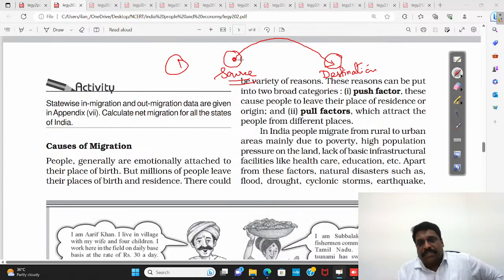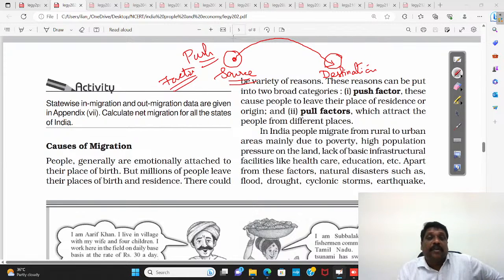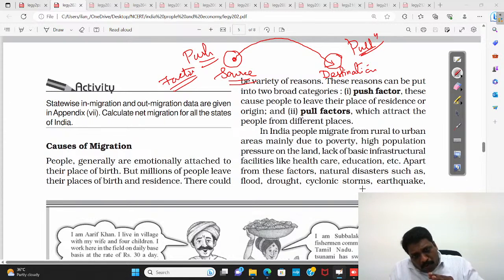Okay, source and destination. And number two, most of the time, my dear friends, in the source area what you will be experiencing is a push factor. Not necessarily, but most of the time the source area will have a push factor, and the destination area will have a pull factor. What is this push and pull? There are n number of factors operating which make you move away from a place, as if saying, please go. It can be anything: unemployment, poverty, even war, internal security issues, political instability, extreme weather.